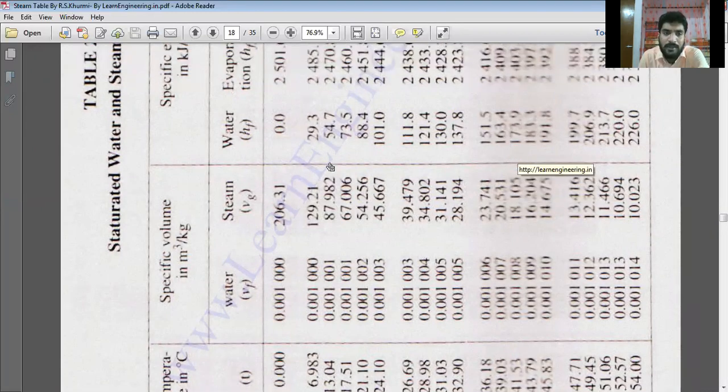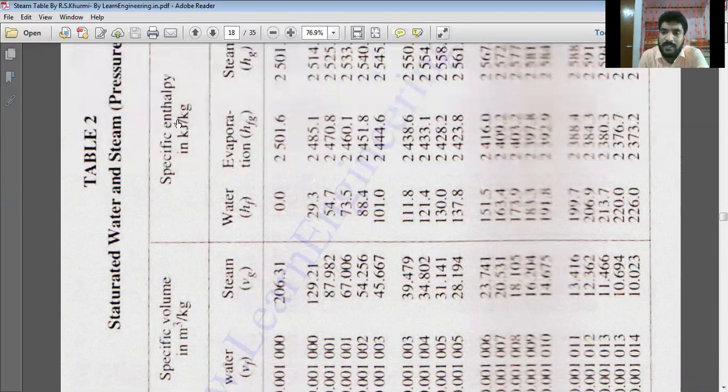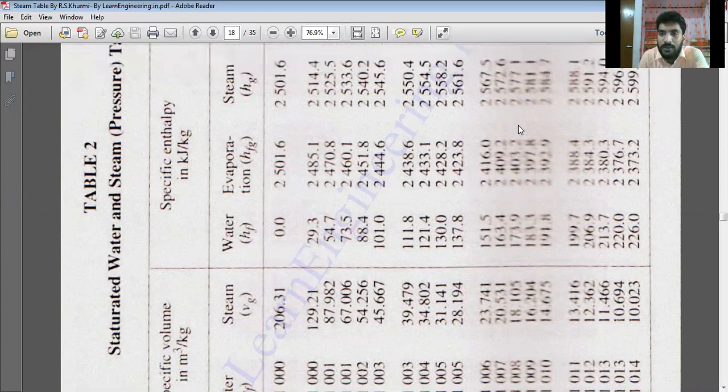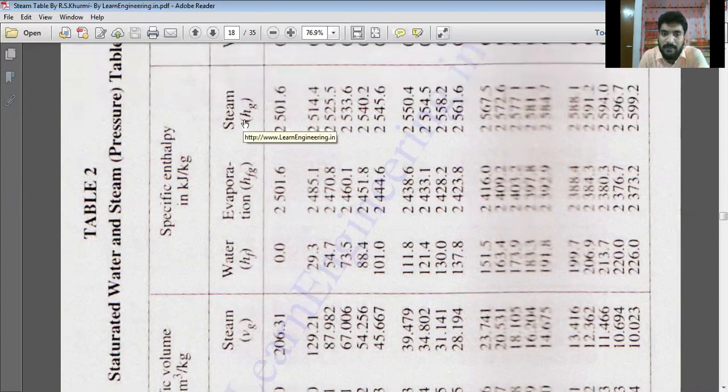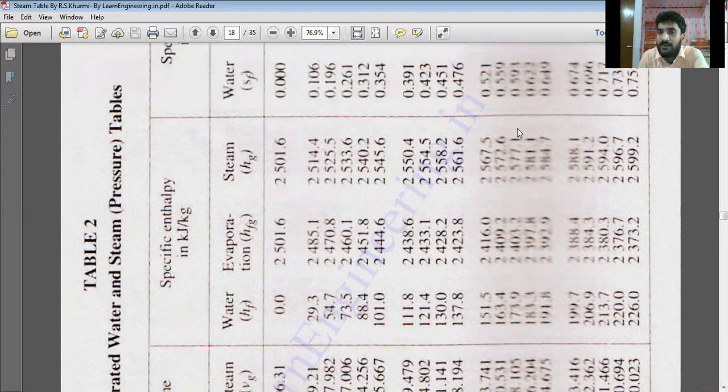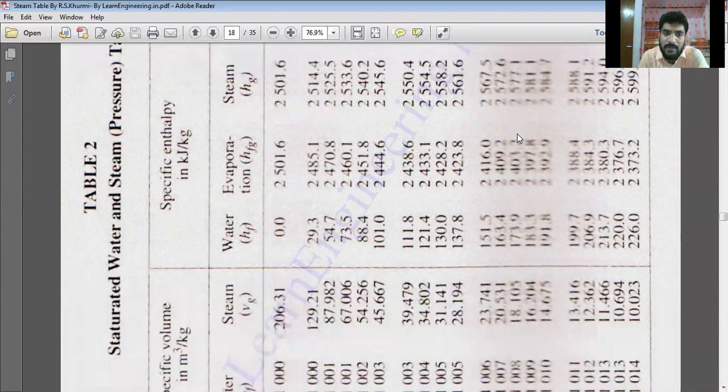Then the specific enthalpy: HF, for water, is 173.9, and HFG, the evaporation, is 2403.2. Similarly, the Hg value, for steam, is around 2577.1. So I have already collected the specific volume and specific enthalpy.